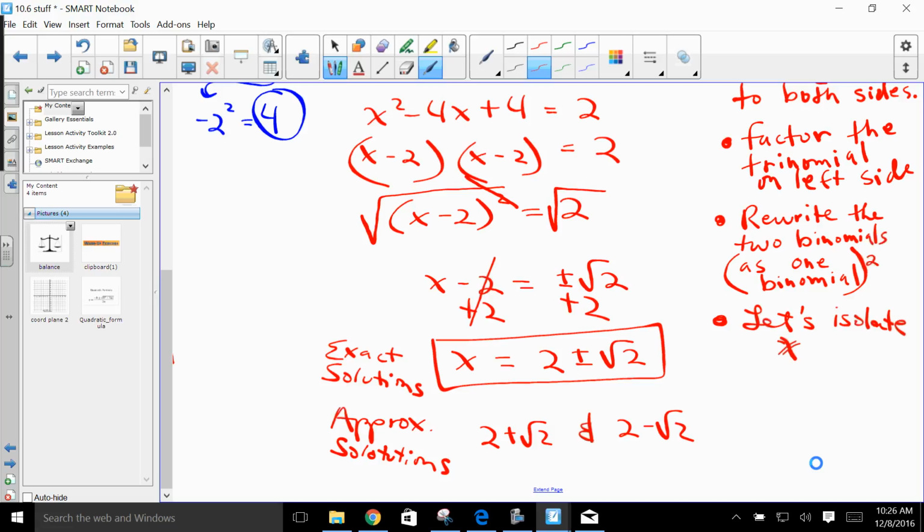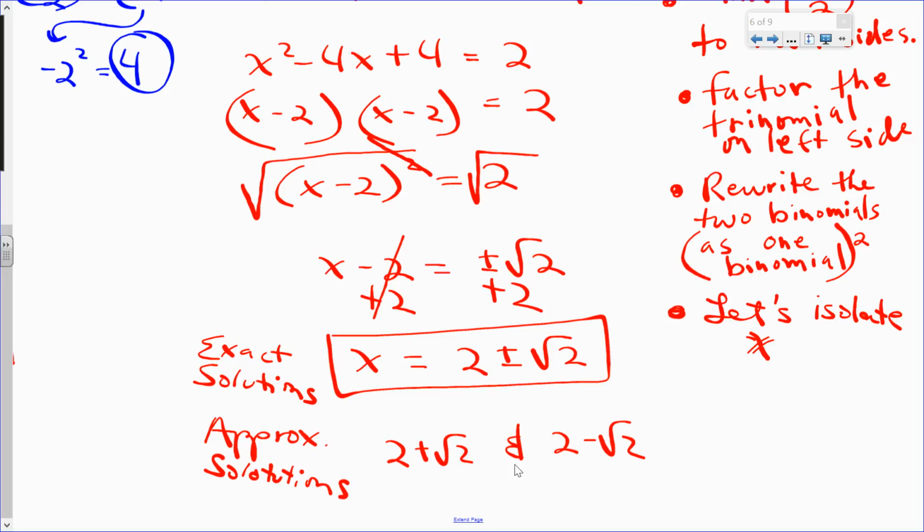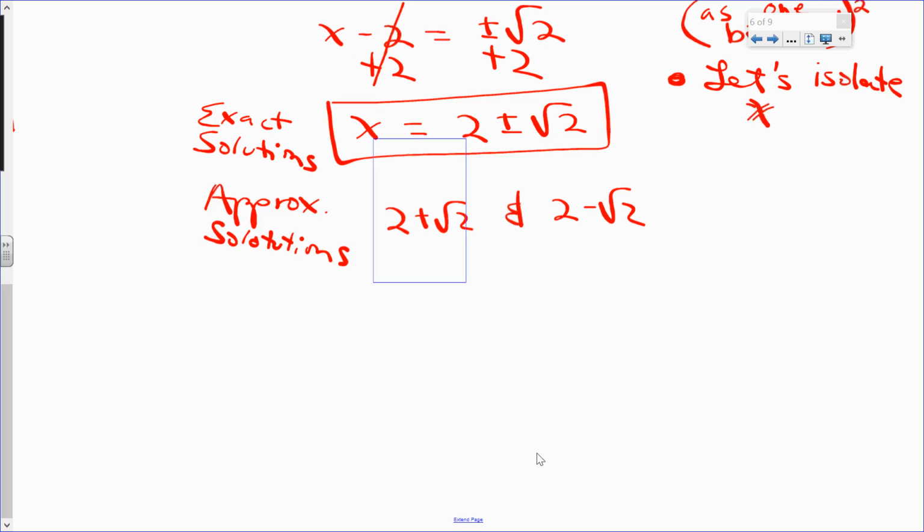Come back over here. So one of them is approximately 3.4. So x then is approximately 3.4. And let me do the 2 minus rad 2.